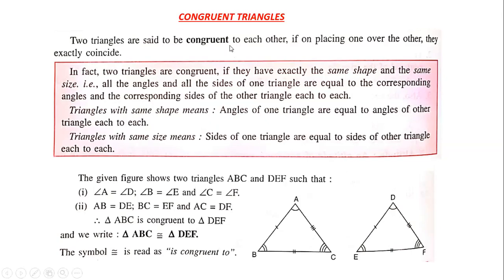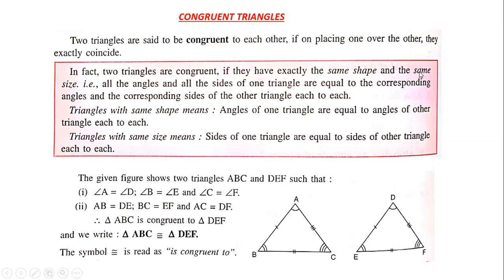Two triangles are said to be congruent if on placing one over the other, they exactly coincide. In fact, two triangles are congruent if they have exactly the same shape and the same size.